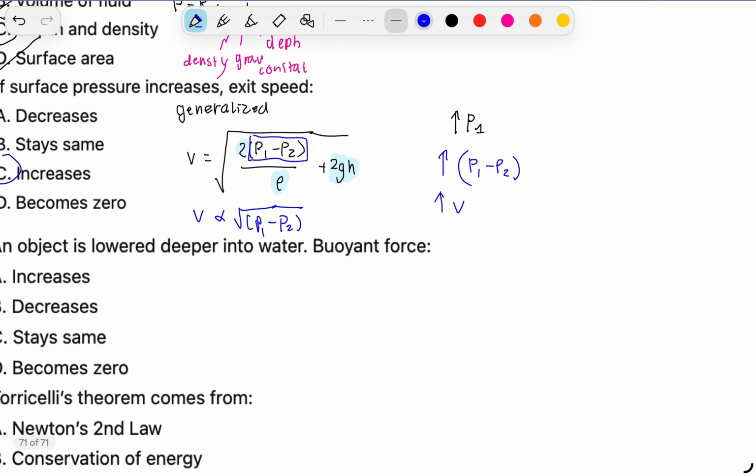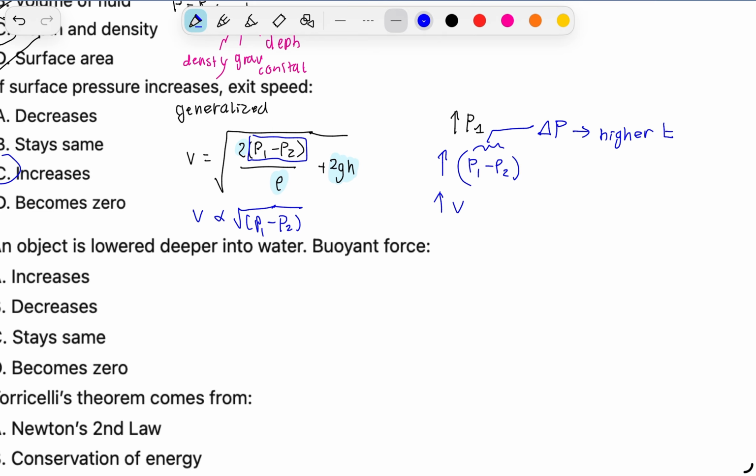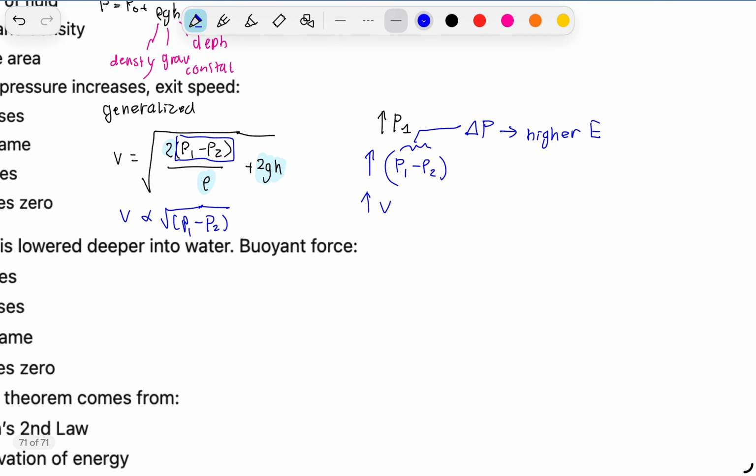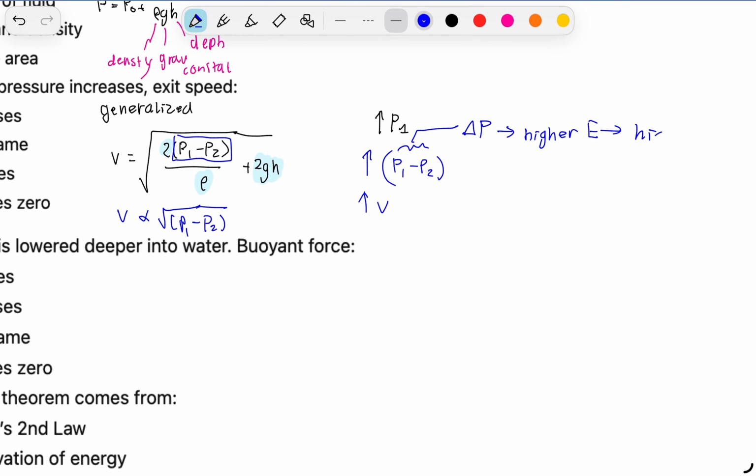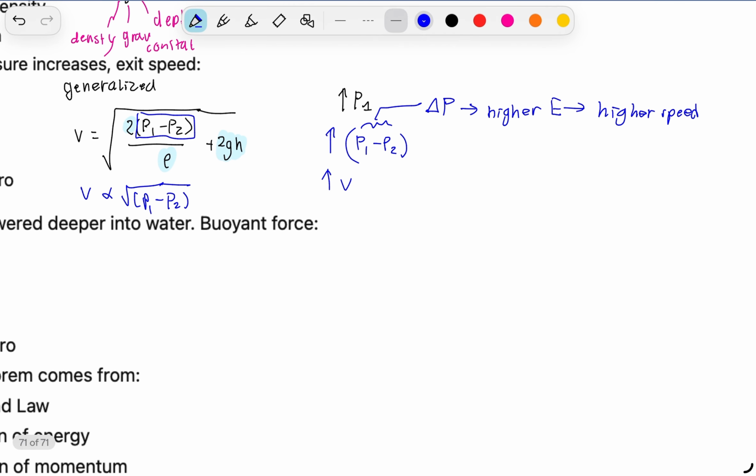So this is your pressure difference. If you have a greater drop in pressure, that's going to give you more energy, so a higher speed, more potential for it to be turned into kinetic energy, and kinetic energy has 1/2 mv squared, and that is your speed.